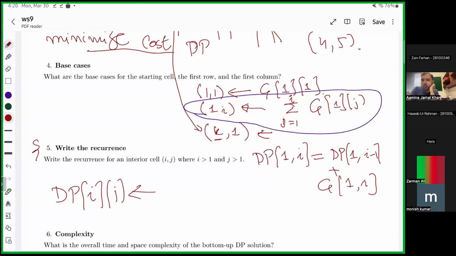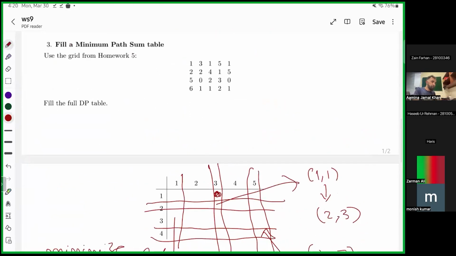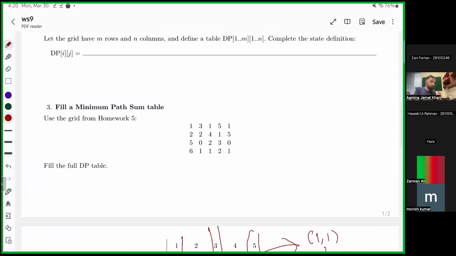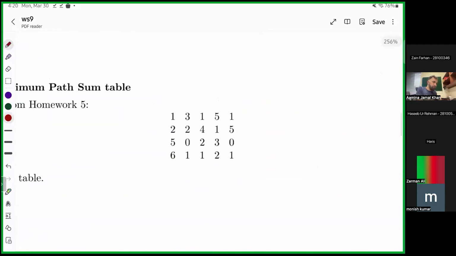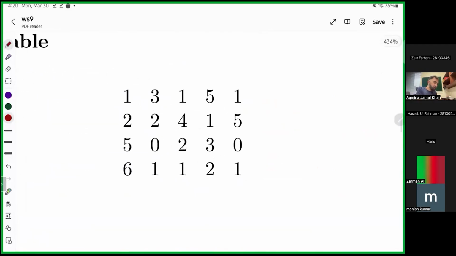Yeah, absolutely. So the way you think about this is that you look at any particular, for example, index, right? Somewhere here. And there are two ways to reach this point. You can either come from the left or you can come from the top, right? So you either came from this point or you came from this point, which means that the cost of getting here is the cost of getting here plus 2 or the cost of getting here plus 2. Okay.